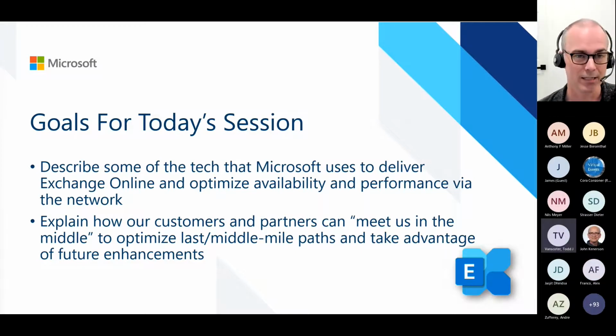In order for you to take advantage of that, there are some things you need to be aware of in the way that you deploy and operate your infrastructure. Without a little bit of help from our customers, a lot of these investments that we make to drive availability and performance enhancements may not be nearly as effective. So we'll talk through some of that as well today.